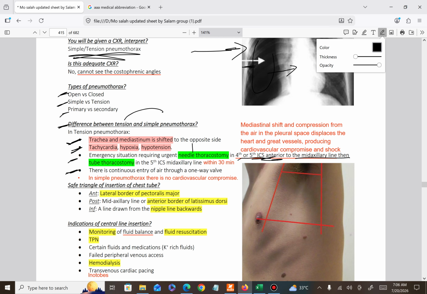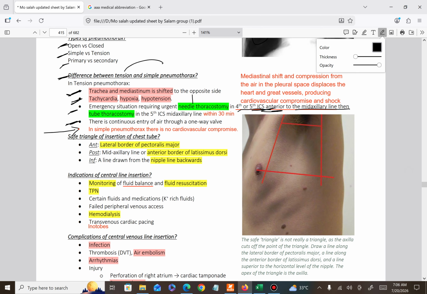There is continuous entry of air through a one-way valve, but in a simple pneumothorax there will be no cardiovascular compromise. Okay, so this is how the tension pneumothorax differs from the simple pneumothorax.